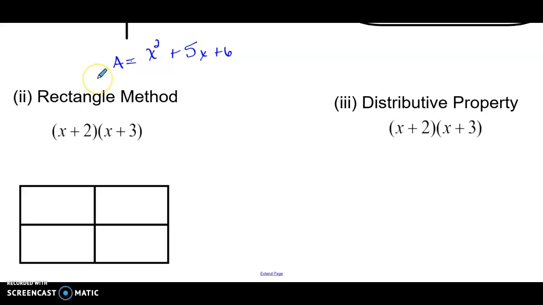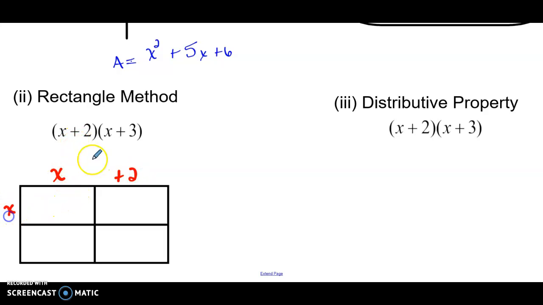The rectangle model uses not individual tiles to draw, but it uses rows and columns. So each row and each column is going to represent one of the terms in my factor. So I still have a length and width. So my width this time I'll use my x tile here and plus 2, my first factor.